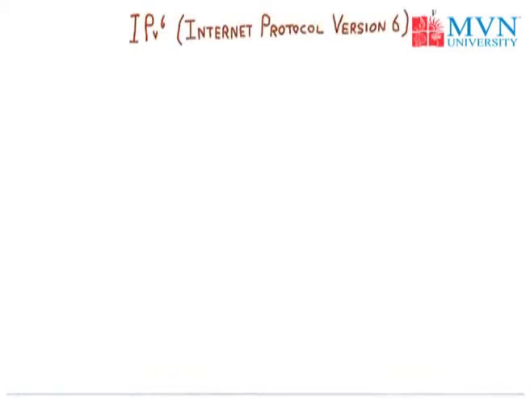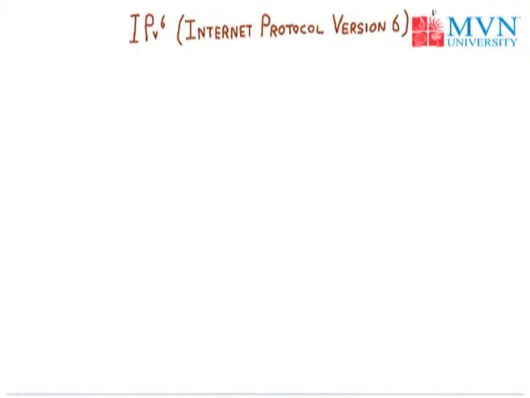Today we will discuss our next topic, that is IPv6 or Internet Protocol version 6. Now IPv6 is the advanced version of IPv4. In 1990, IETF started work on a new version of IP which would never run out of addresses and would solve a variety of other problems, more flexible and efficient.